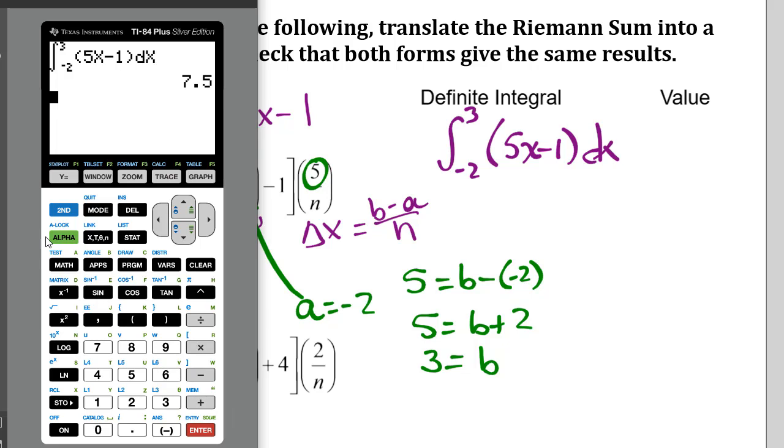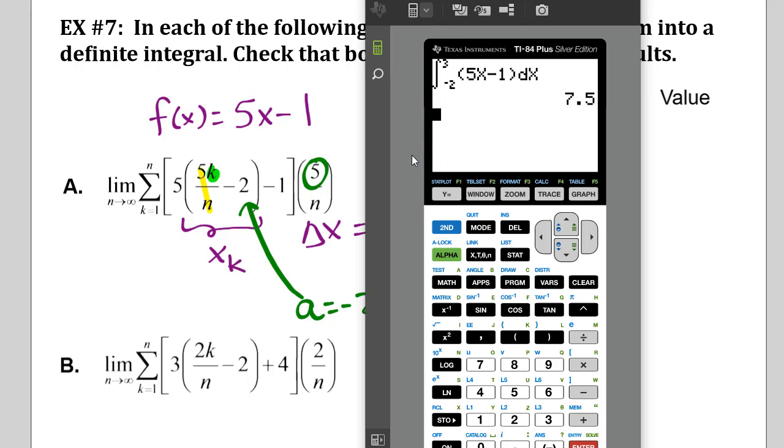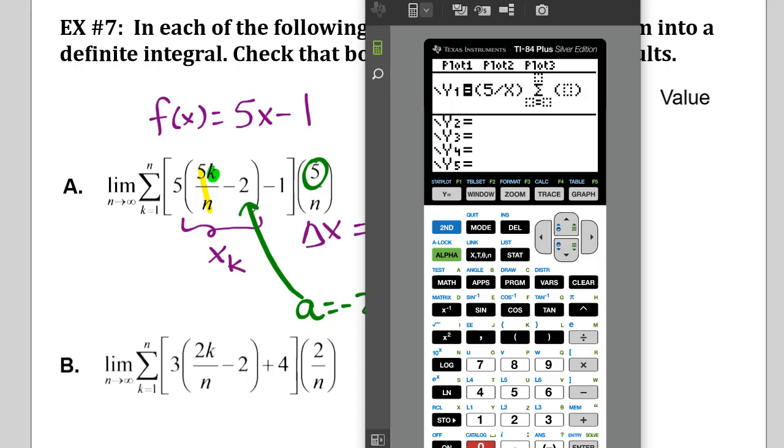Then we're going to do our summation, what we started with, what they gave us. I'm doing this all the way from the start, so this is good. Our summation, we're going to do 5 over n times the summation. So we're going to go to math, option 0 is summation.